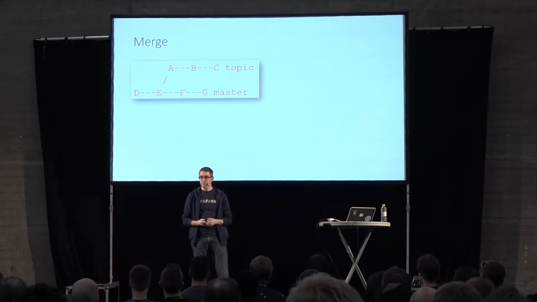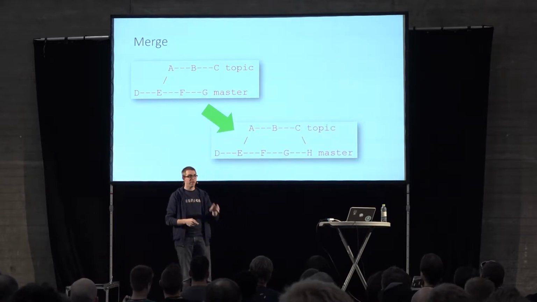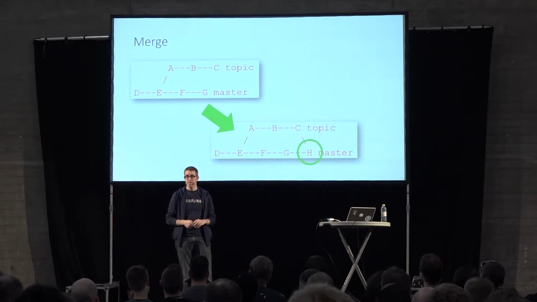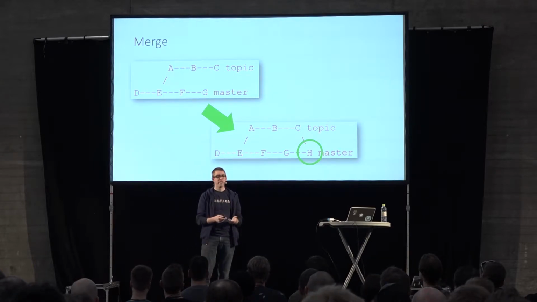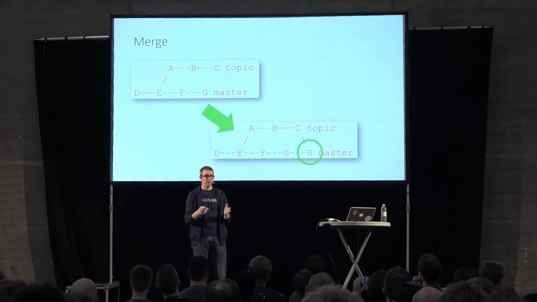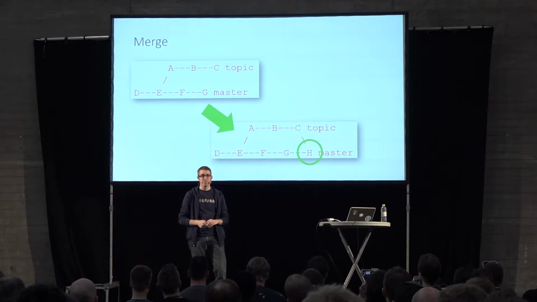So that's a merge, that's English, makes sense for most of us. If we do merge in Git, we create a new commit. In this case, it's the commit H. That's a very straightforward way of working with different versions, and makes a lot of sense to go back into history and to be able to work on the master branch while you're working on a feature branch without messing around with a lot of code.